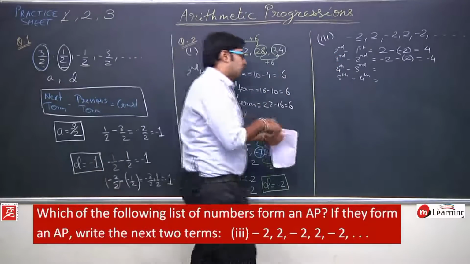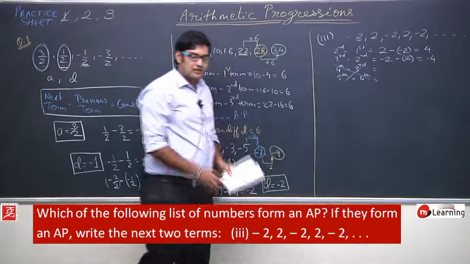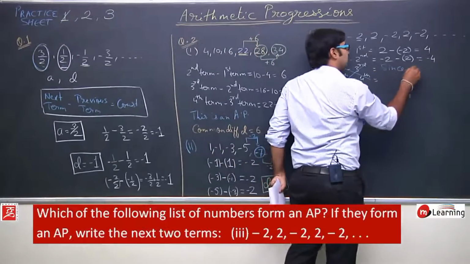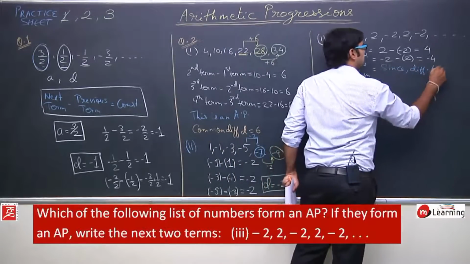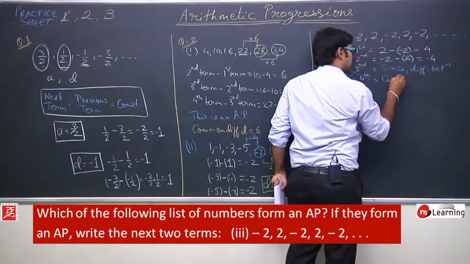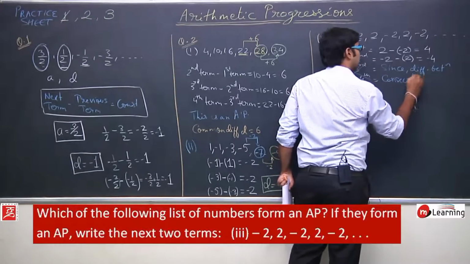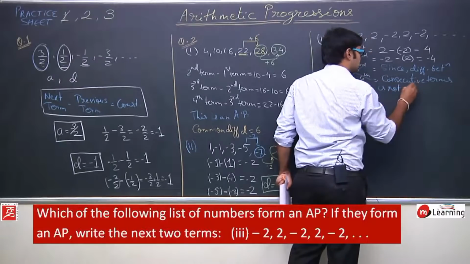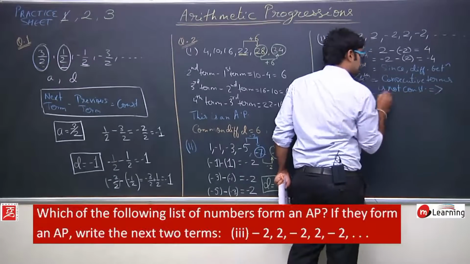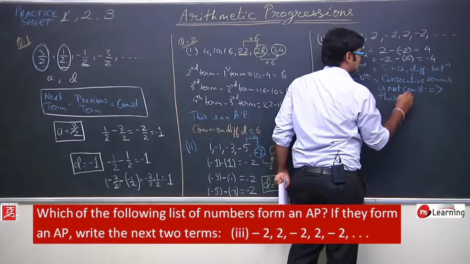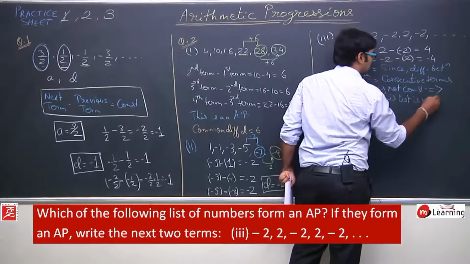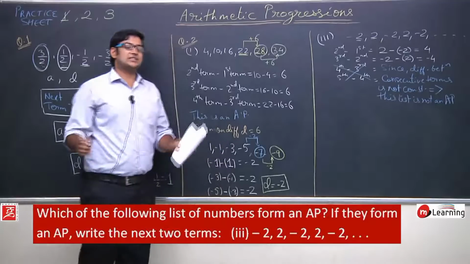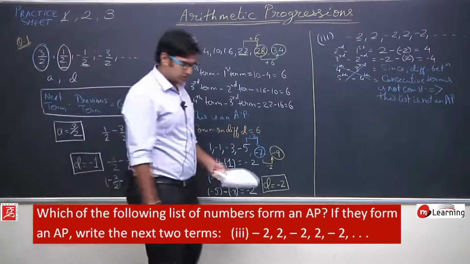I will simply check the first two, and based on this I can say, since the difference between consecutive terms is not constant, it implies this list is not an AP, this is not an arithmetic progression.